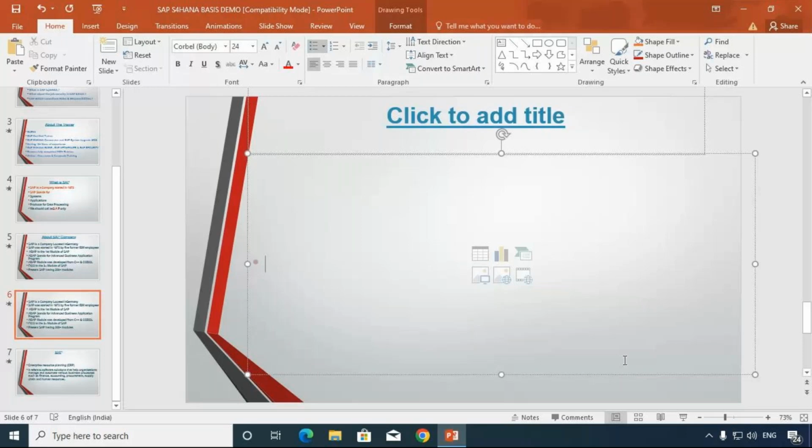So in the market we have operating systems, databases, and ERP.